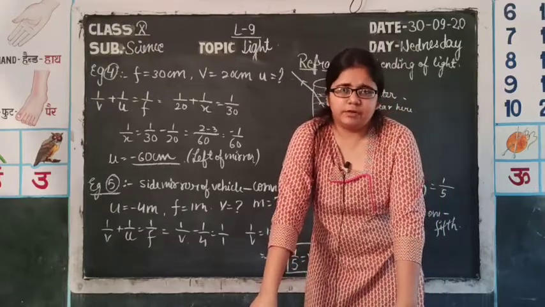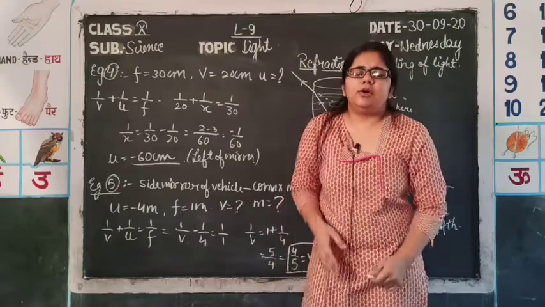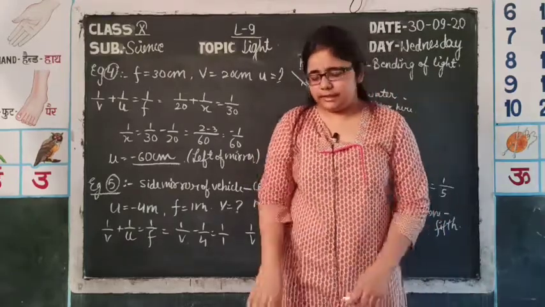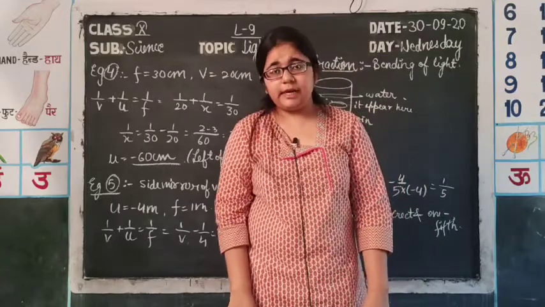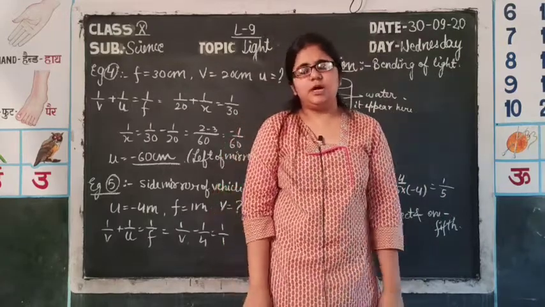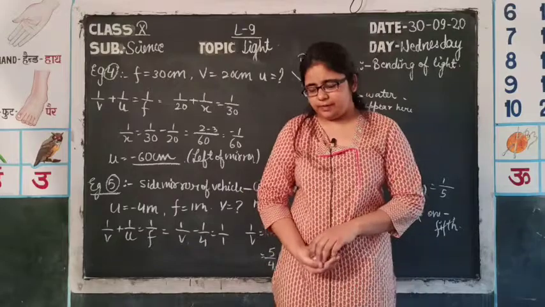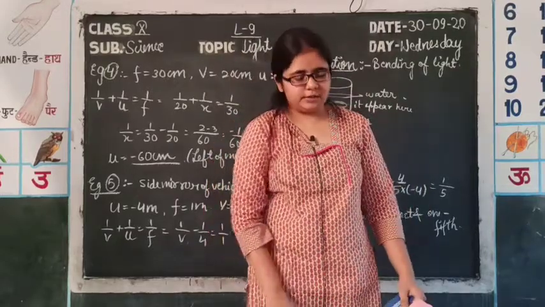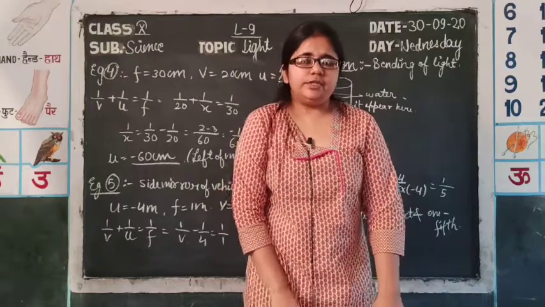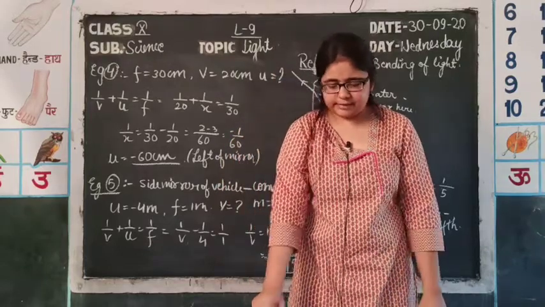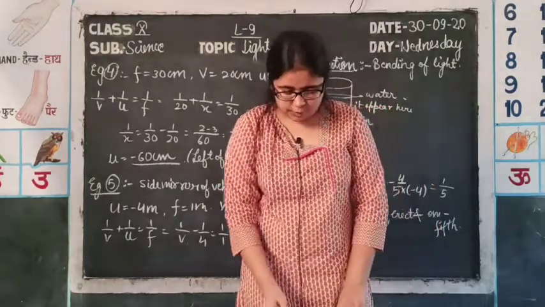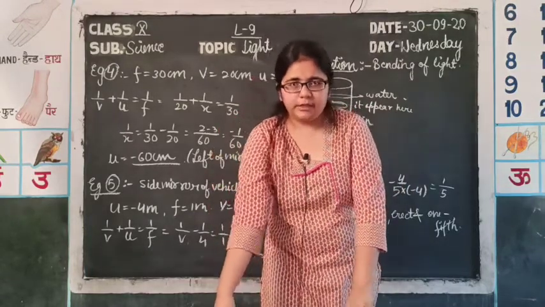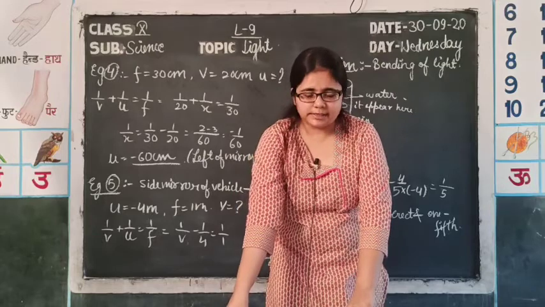You might have observed that the pencil or the scale appears bent. That kind of bending appearance is also due to the phenomenon of refraction. There are several natural phenomena present in our surroundings which are due to refraction, which we will discuss later. So first of all, look at figure 9.19 in your book, page number 117.